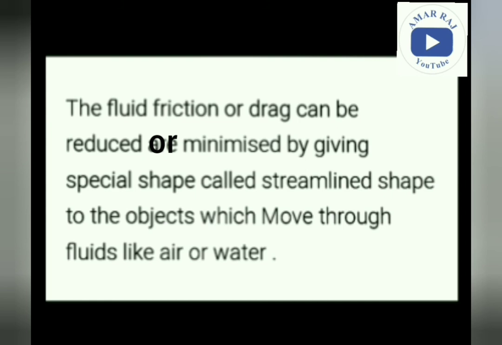We have learned what a streamlined shape is, and the conclusion is that objects such as boats, speedboats, ships, aeroplanes, etc., which move through water or air, are built with a streamlined body shape, to reduce the frictional force exerted by water or air respectively.